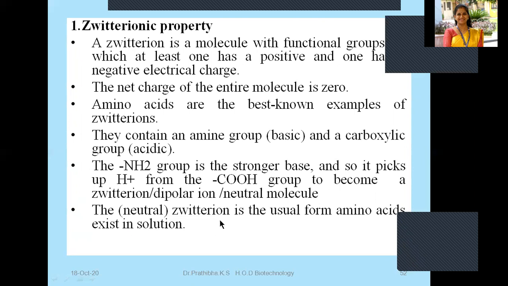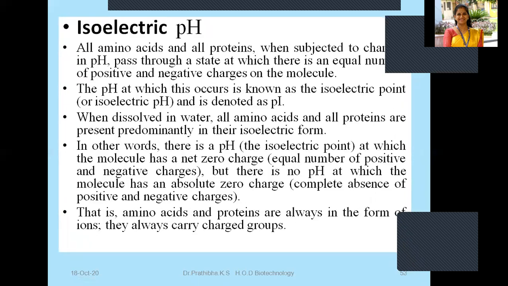The neutral or Zwitter ion is the usual form of amino acids which exists in solution. Okay. Now let us understand here isoelectric pH. Okay.